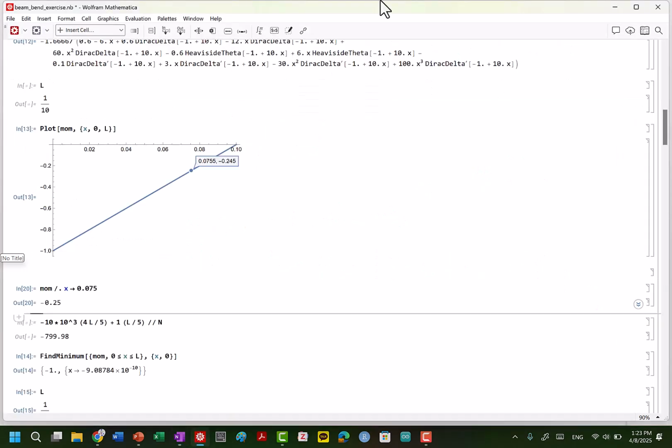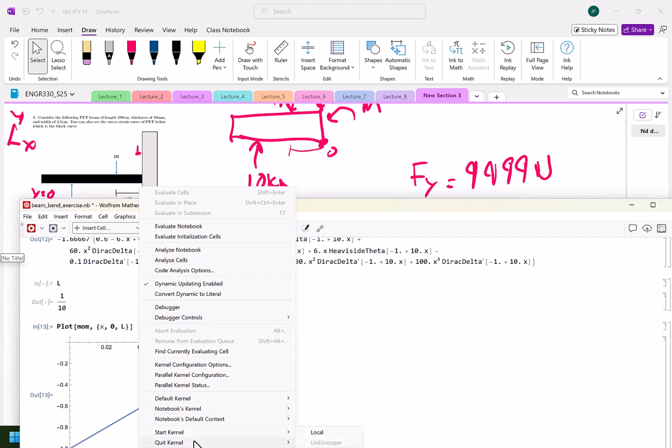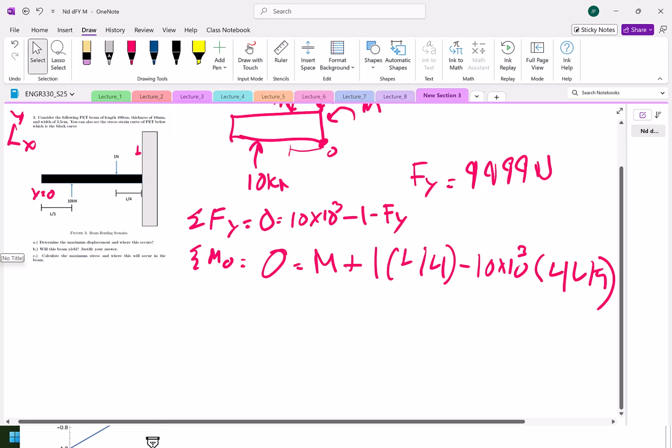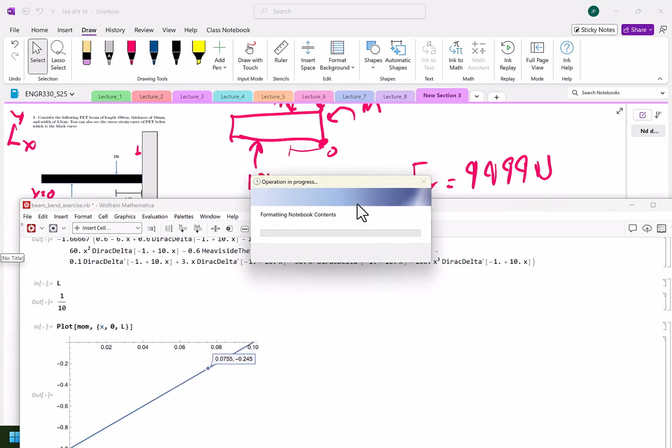So actually we can do that right now in Mathematica, at least in the outset. So I'm going to define our f of y. I'm just going to quit the kernel here. I'm going to bring this to the side. There we go. It's just clearing memory, and then we're going to solve for this system here.